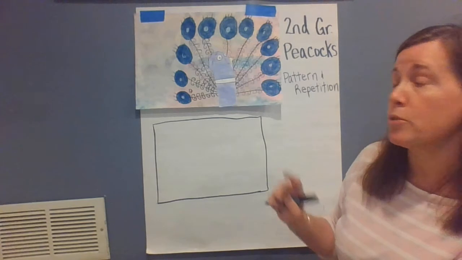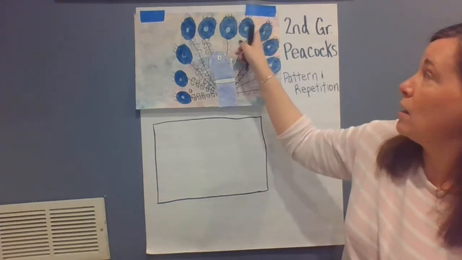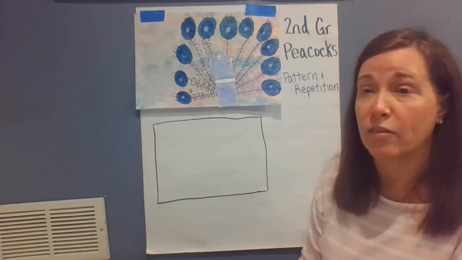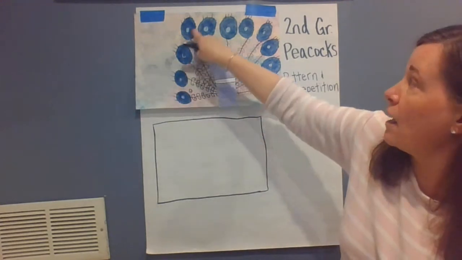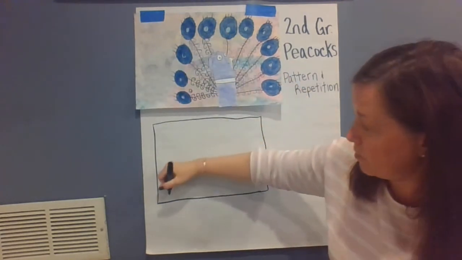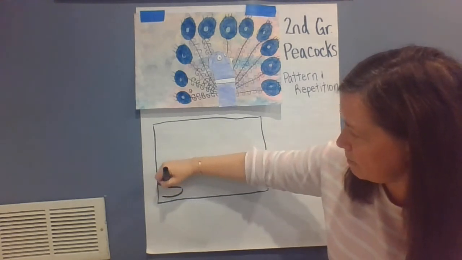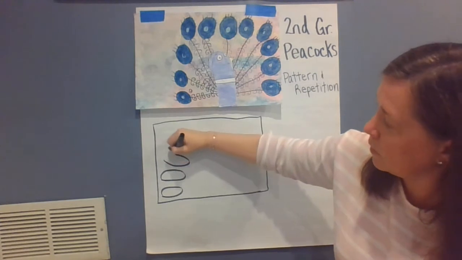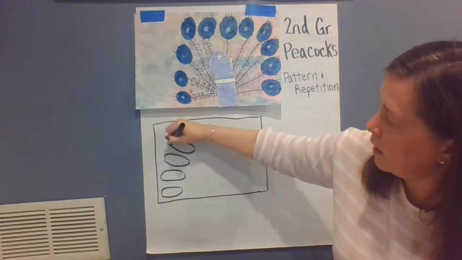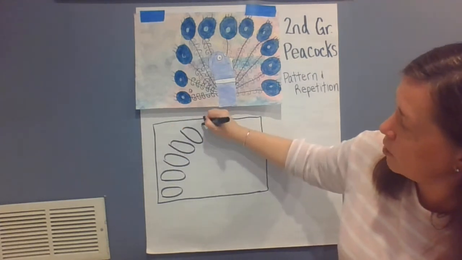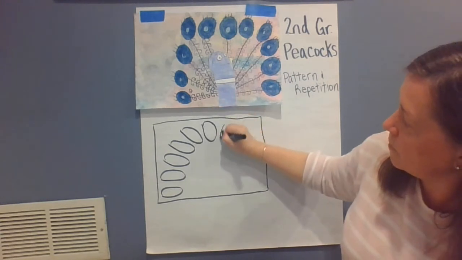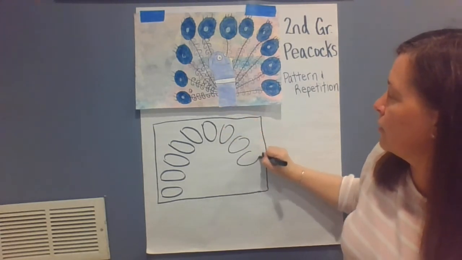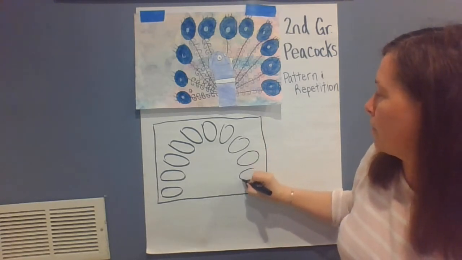And the first thing we're going to do is start with these sort of eye-looking parts of your feathers. And we're going to make an arch or a rainbow shape of those feathers. So we're going to start down at the bottom, and draw those ovals in the shape of a rainbow.